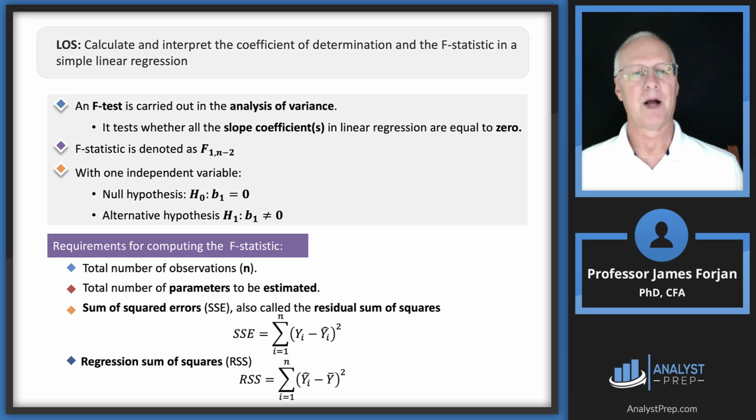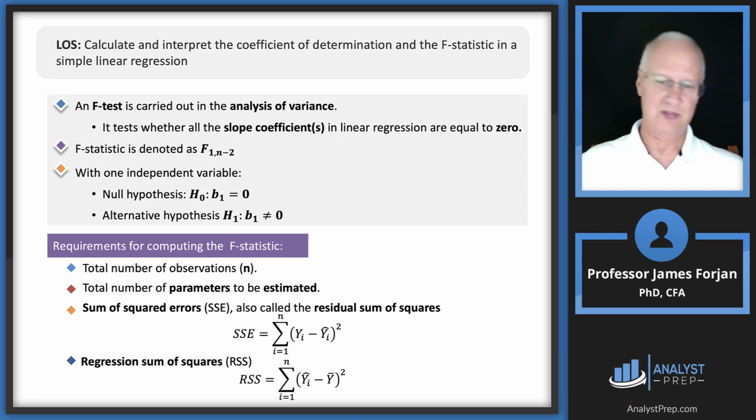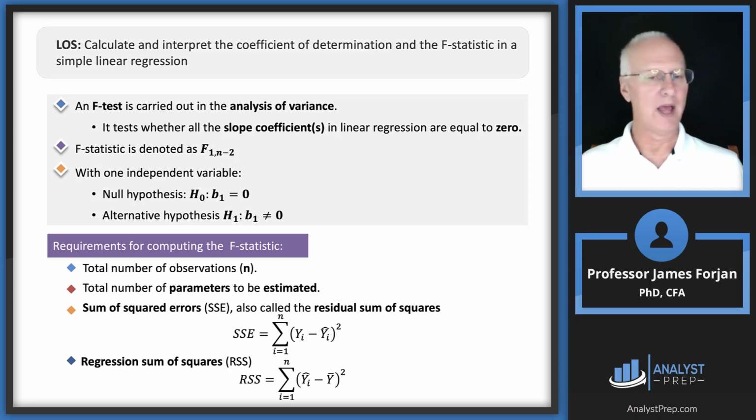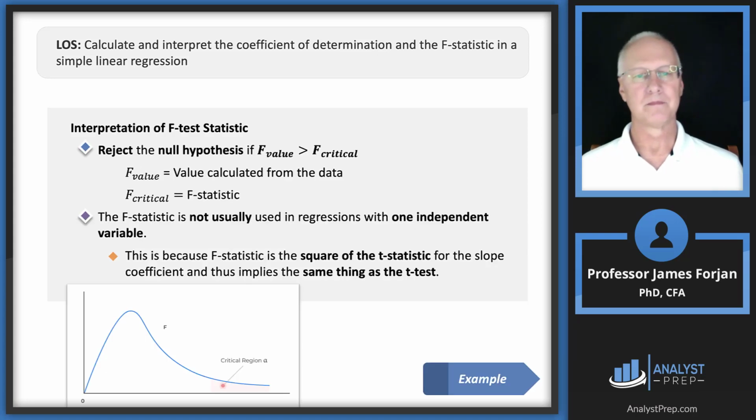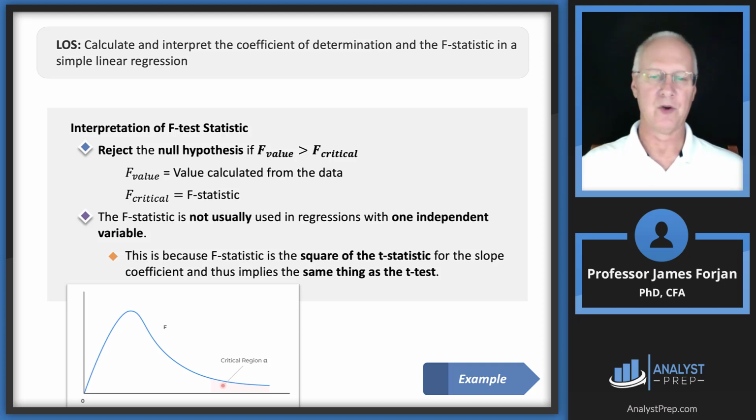So the null hypothesis with one independent variable is beta 1 equals 0, and the alternative is that it is unequal to 0. What we need are the SSE and the RSS, which we did earlier. We're going to get an estimate of an F-statistic, and then we have to compare it to a critical value.